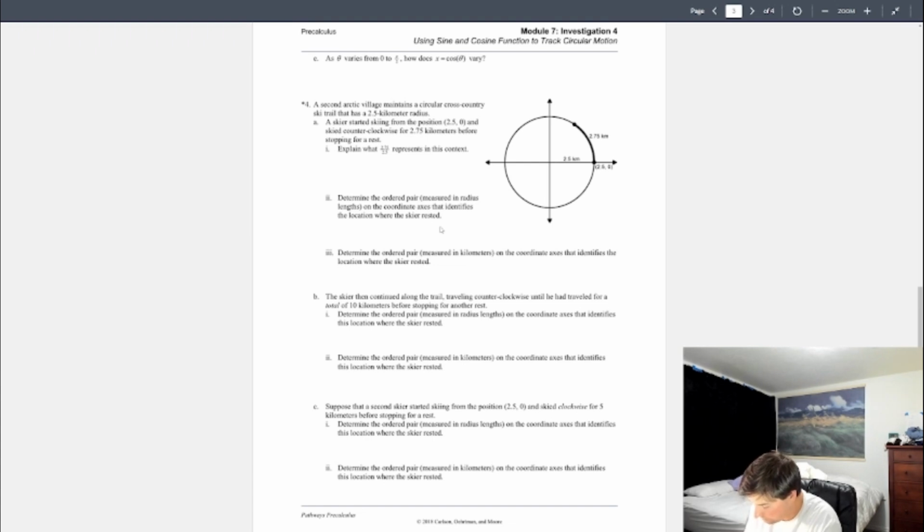Turn the ordered pair to be measured in kilometers. So I feel like you can do the same answer and then just multiply it by the radius.